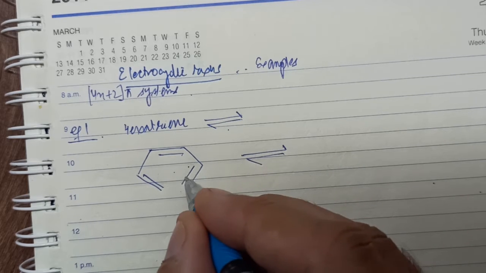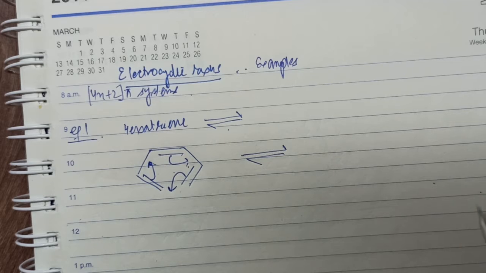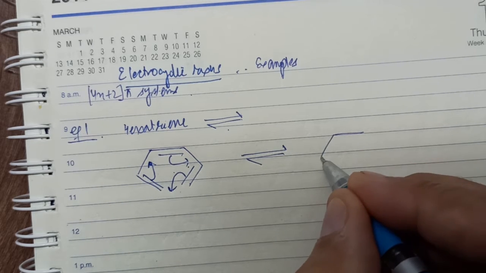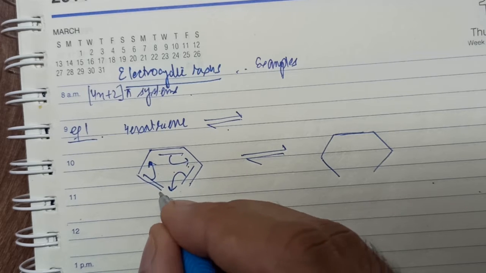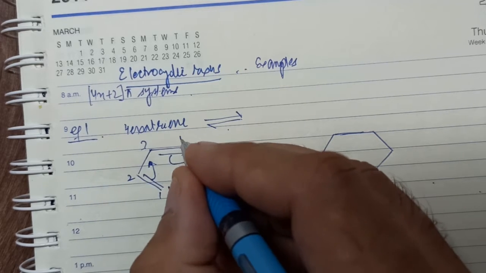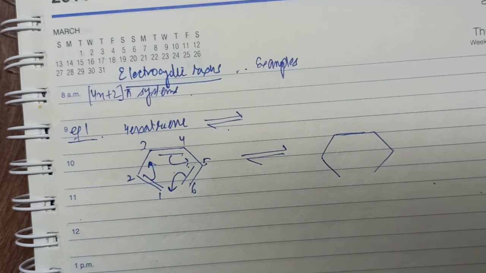How do we write the product? It is again simple. We move the arrows in such a way, either in clockwise or anti-clockwise direction, so that we show that the terminal p lobes of the polyene system, let's say this is 1, 2, 3, 4, 5 and 6, undergo a sigma bonded overlap leading to the formation of a cyclic system.